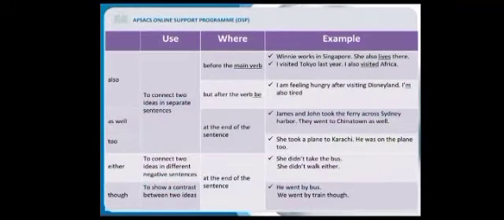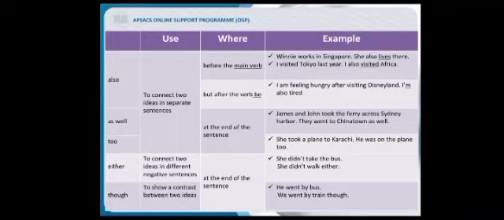Let's see. Also, this actually connects two ideas in separate sentences and is used before the main verb. For example, Winnie works in Singapore. She also lives there. So lives is our main verb and we are using also.